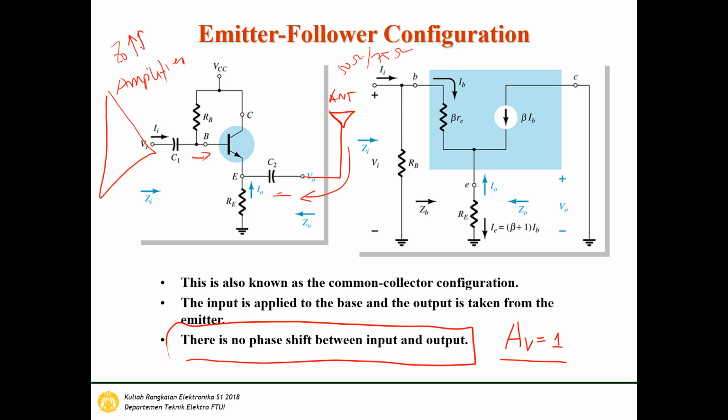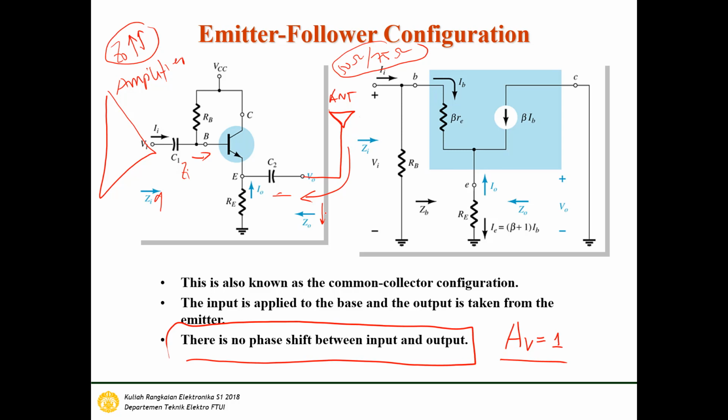So we have to match between the very high output impedance of the amplifier and the very low input impedance of the antenna here. So we can use the emitter follower. The emitter follower has a high input impedance, ZI here is high, but low output impedance. So we can make the matching condition between this amplifier before the emitter follower and the antenna. Okay, so this is another function.